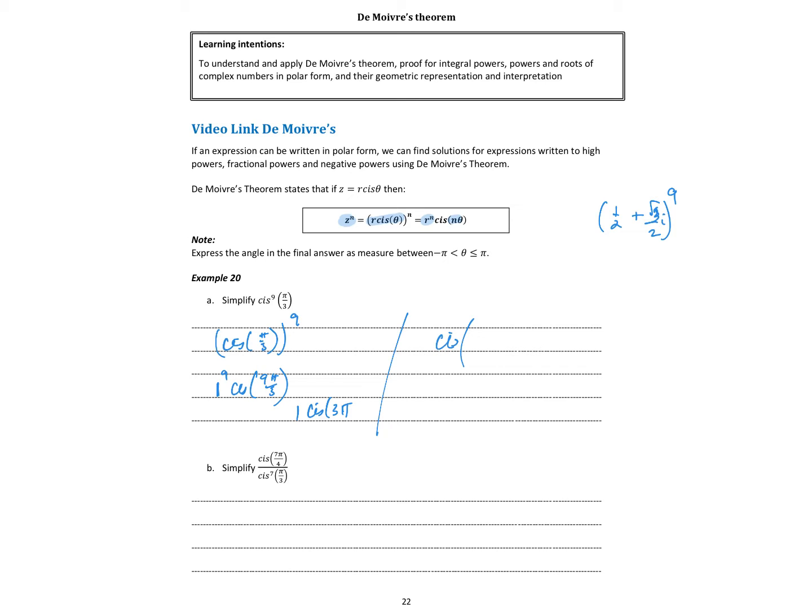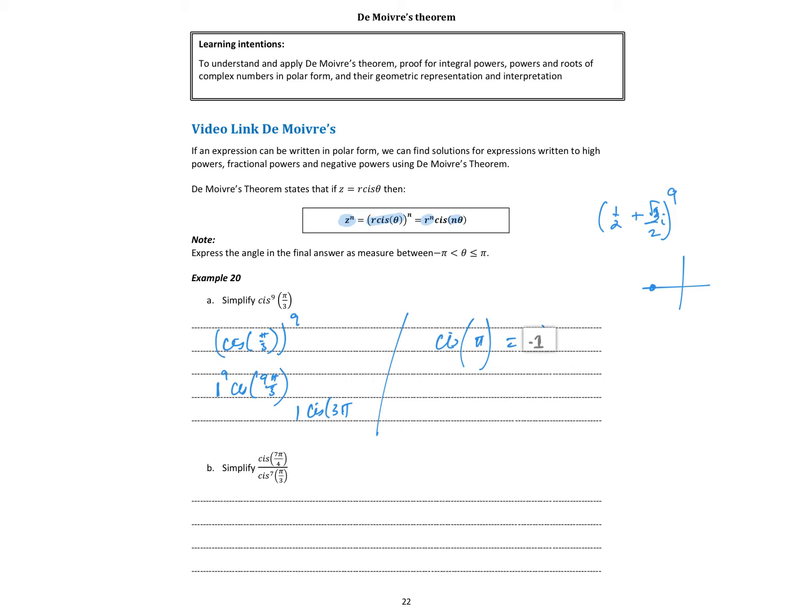If we turn 3 pi into the argument of z being between negative pi and pi, it is cis pi, which means we're over here, which in turn is just negative 1. So obviously it's a much simpler way to manipulate complex numbers.